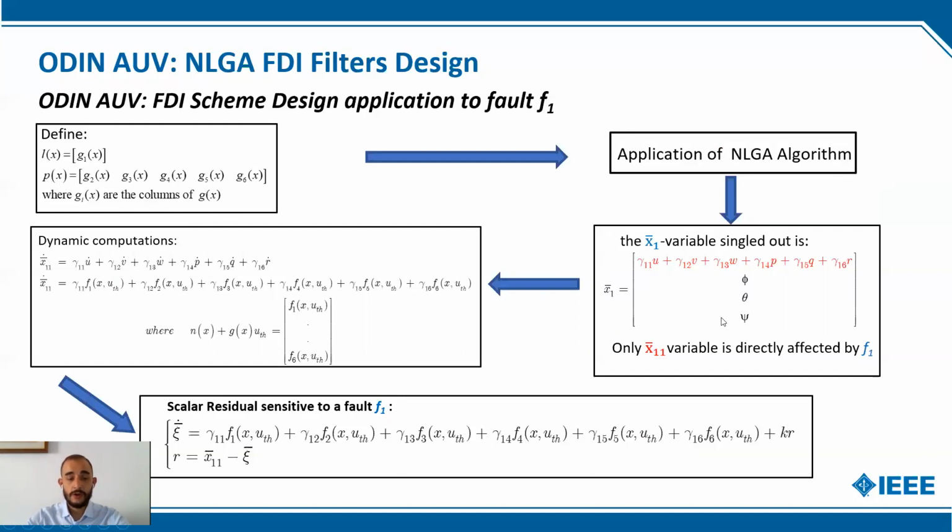In this case, only the red variables are directly affected by the fault on the first actuator. So, computing the dynamics of the first variable, it is possible to obtain the scalar residual sensitive to a fault on the first actuator, as you can see here. And this process was repeated for each actuator fault.